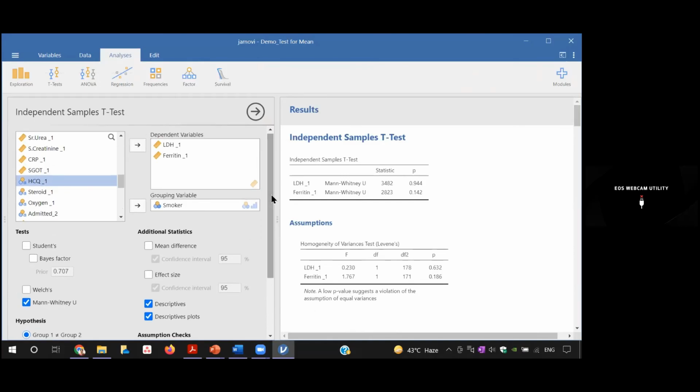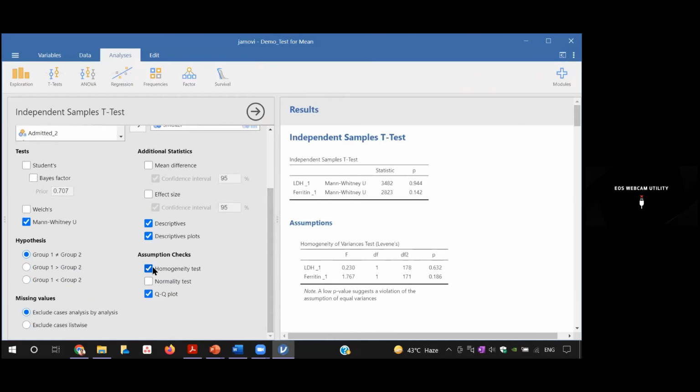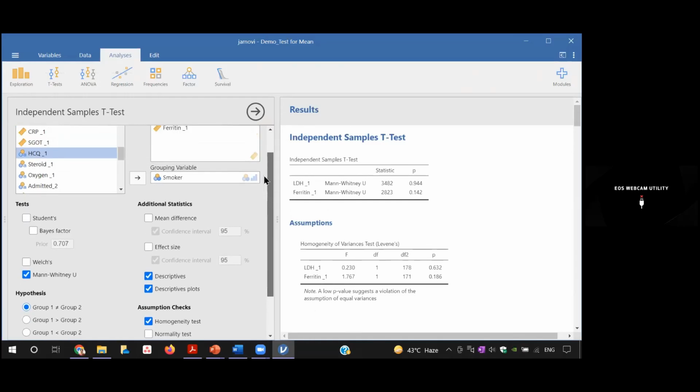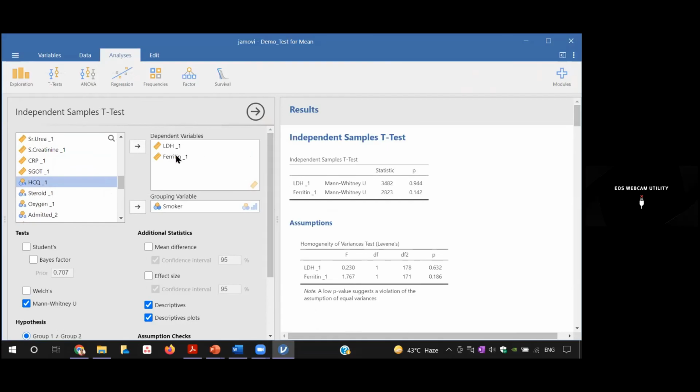Before we apply the test, we see the assumptions. So we first come down, we see this homogeneity test, QQ plot, and box plot from the exploration option. You check for these three assumptions, and then you apply the test. You move your dependent variable into this box and an independent variable to this box.